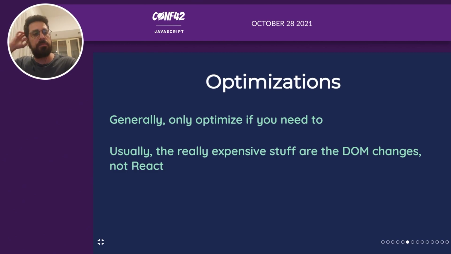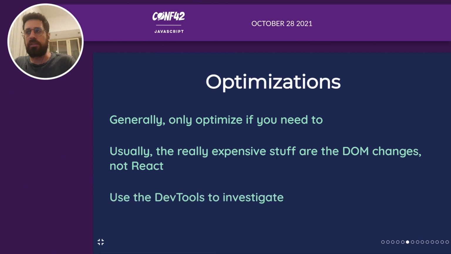Because sometimes optimizing can actually hurt you. It can create bugs and complex code, and even if not done right, it can decrease the performance, which is not good, obviously. It's the opposite of what we want.